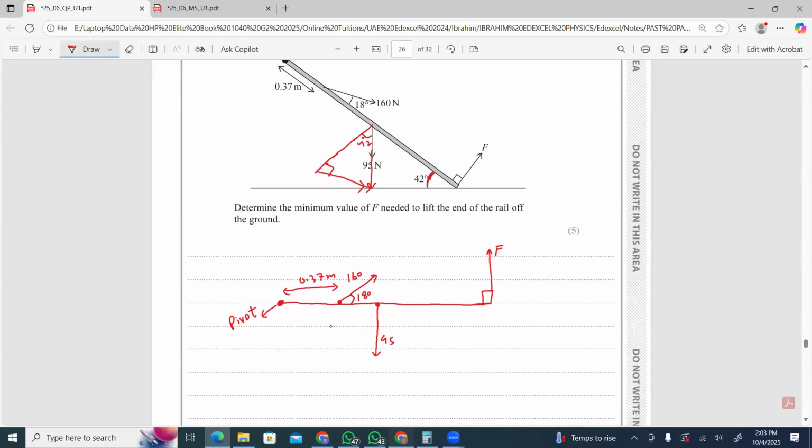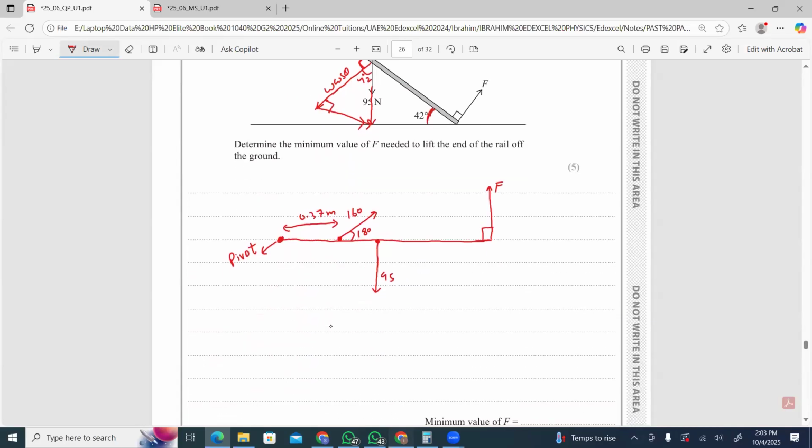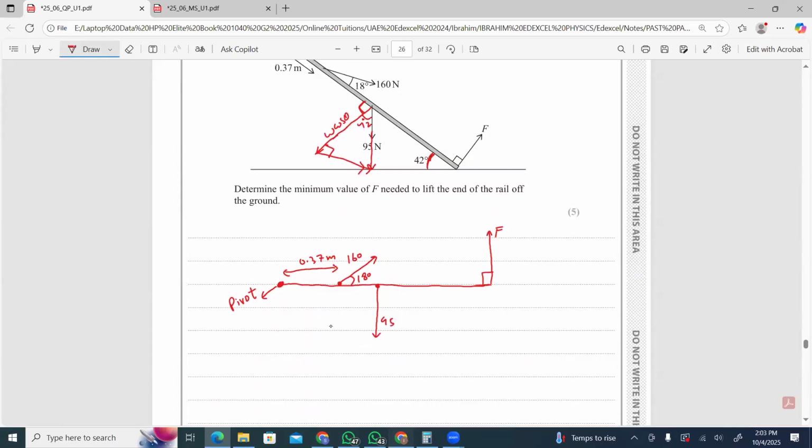So I would say that the weight is now acting like this. It's W cos theta. Okay. And it is at 90 degrees to the moment arm or the beam. Okay. So this is the force, this is 95 Newton, and these are the components. So this is not 95 Newton only, it's rather 95 cos 42. I will just let you know why I'm taking that.